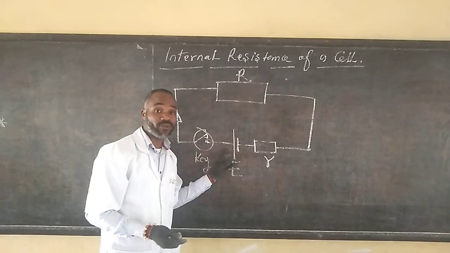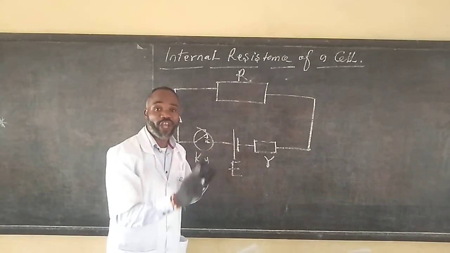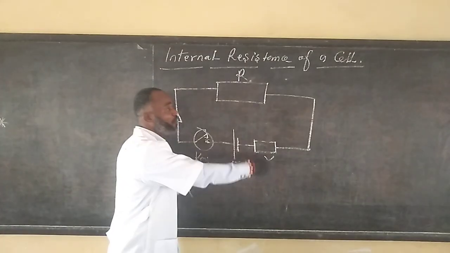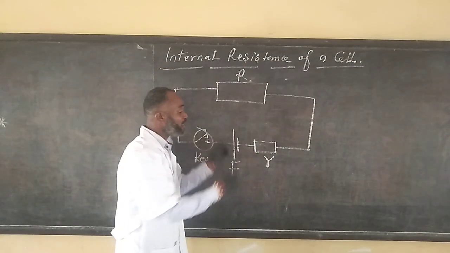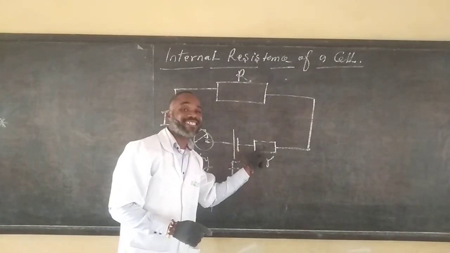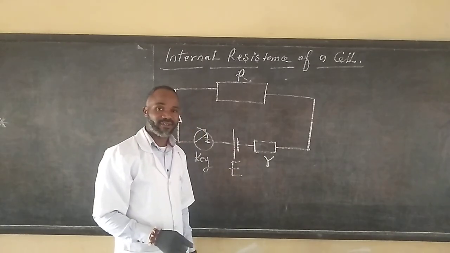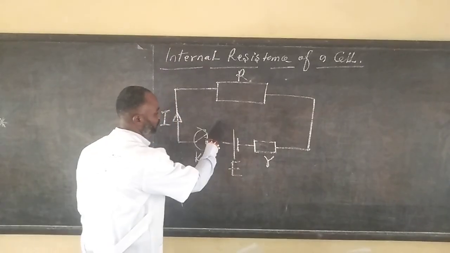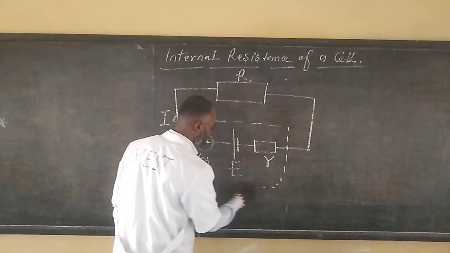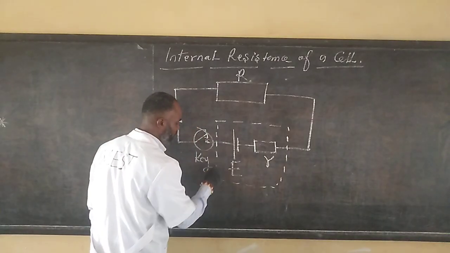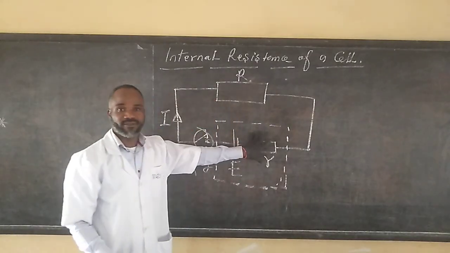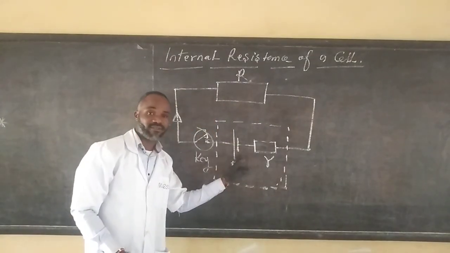As current flows, there is this chemical change between the two poles. But the amount of current flowing into the system is being minimized or reduced as a result of the internal resistance. With this, we can now define Ohm's law within this section, and see how we can analyze it to find out exactly what is happening inside the cell.